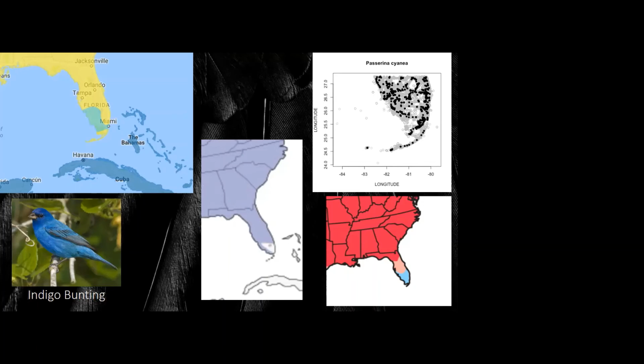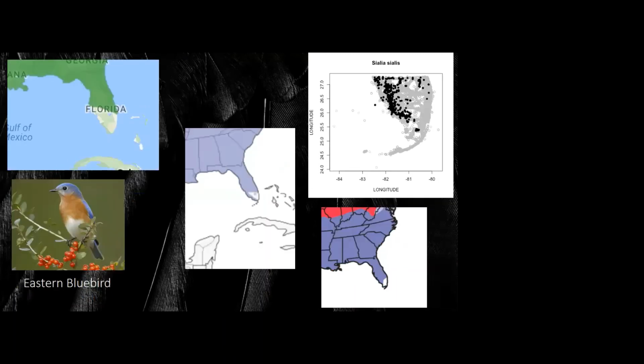So there's really no way to know at this point whether the birds that are seen in South Florida during the winter months are part of that breeding population in Florida, or if they are just a migratory bunch of birds from a completely different indigo bunting population and locale.